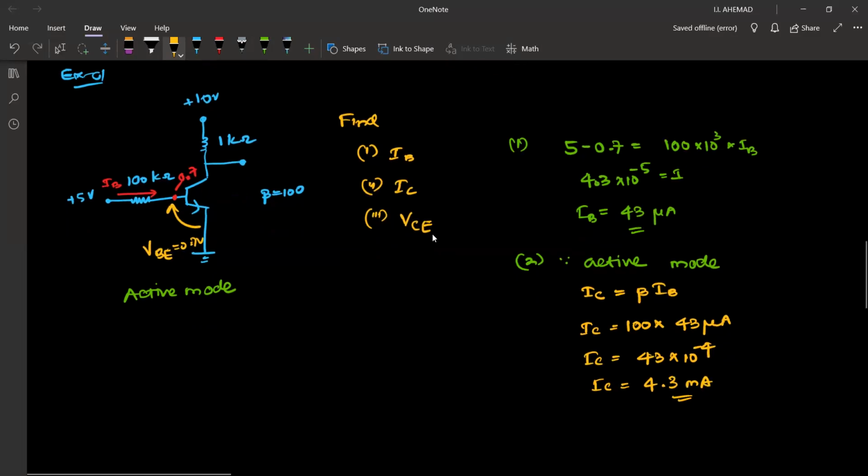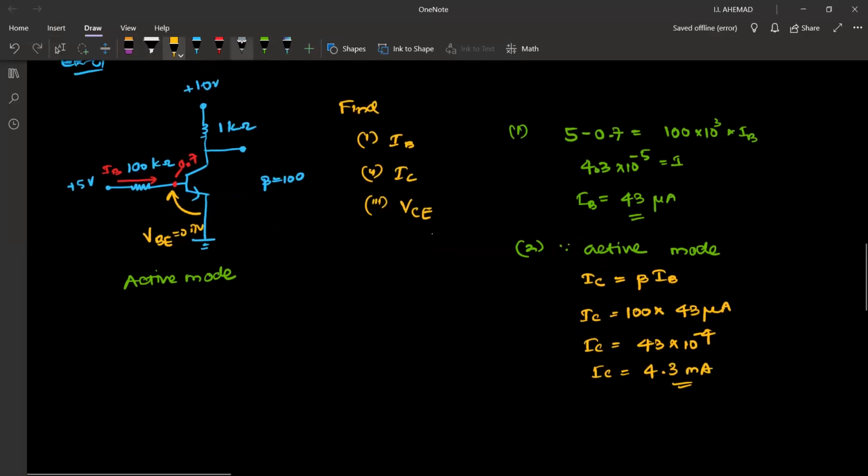Now we have to find VCE. We know that VCE is VC minus VE. How can we find VC? What is VC? This point over here.